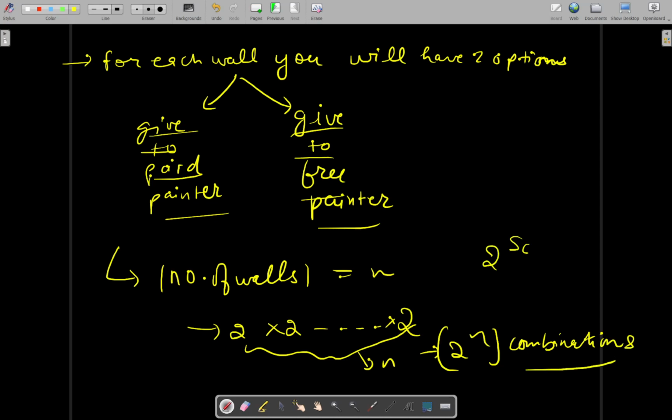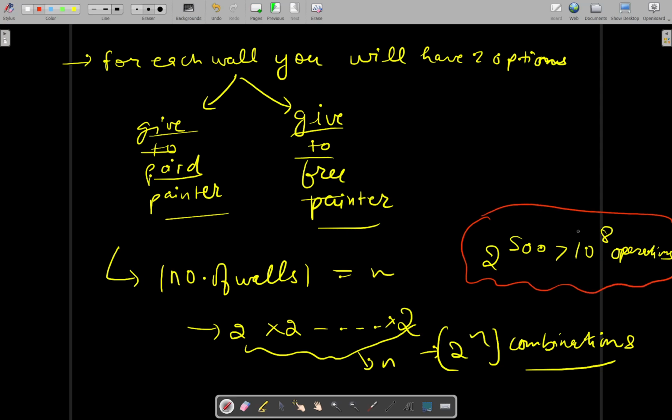Since 2 raised to power 500 is very much greater than 10 raised to power 8 operations, which is the limit on the number of operations, if the number of operations in your program or solution exceeds or becomes equal to this number, then you will get a TLE, time limit exceeded.